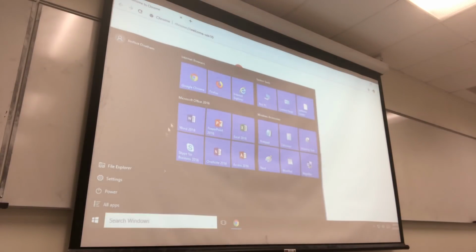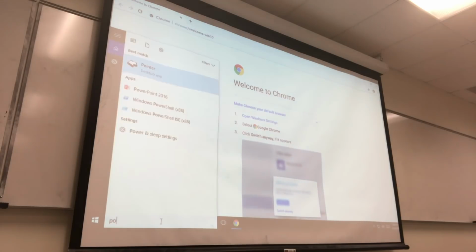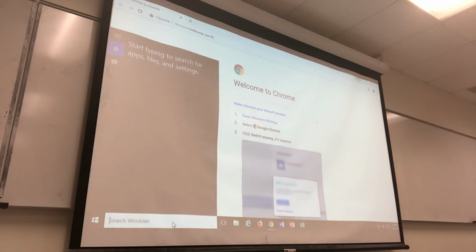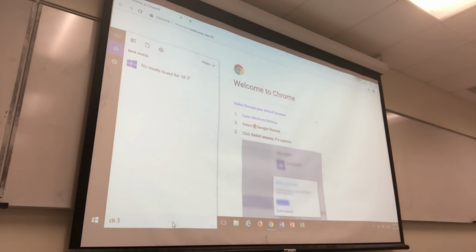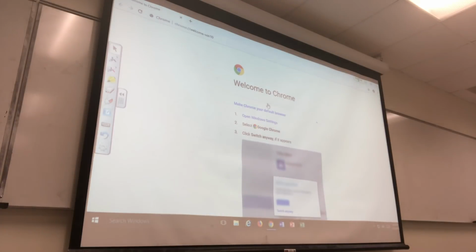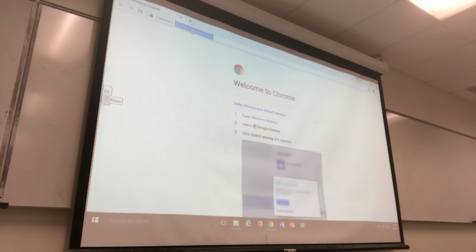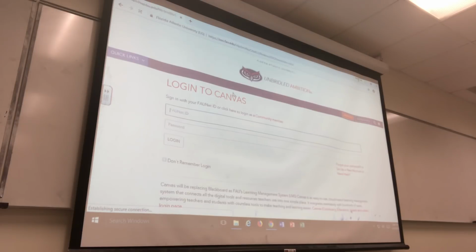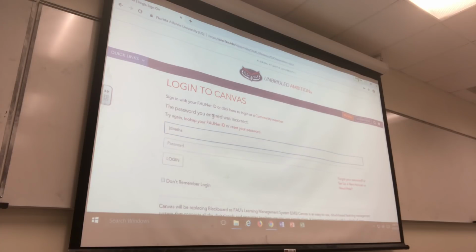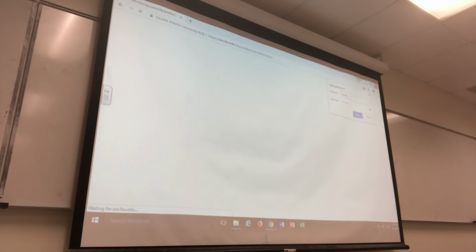Okay, so hopefully, let me see. Hopefully, it'll still have the files downloaded somewhere. I also really hope I don't have to re-download Adobe Flash Player.